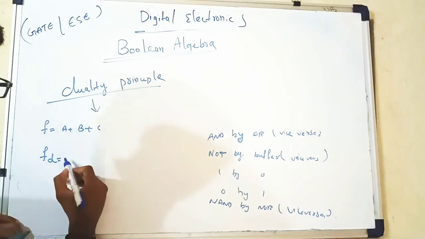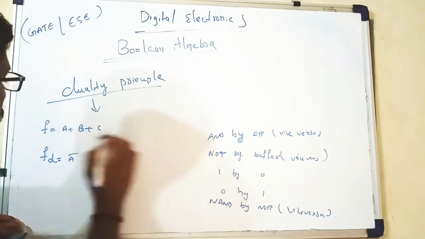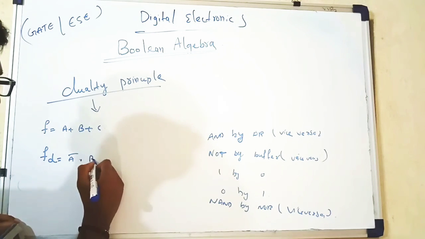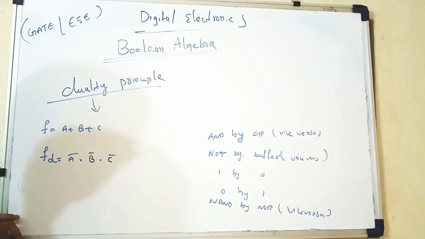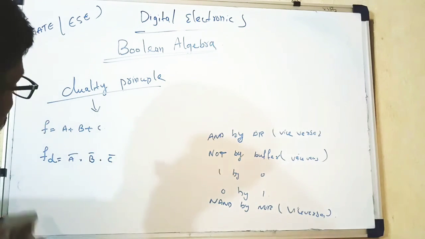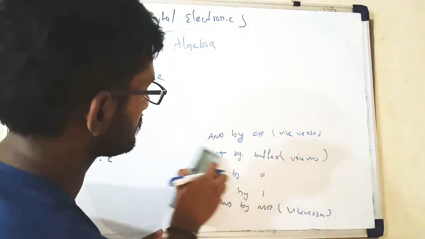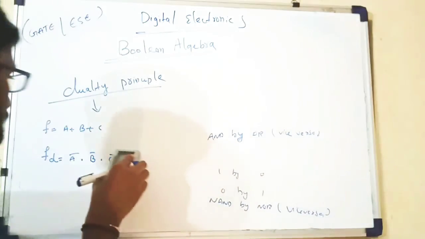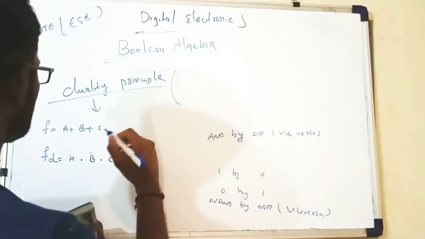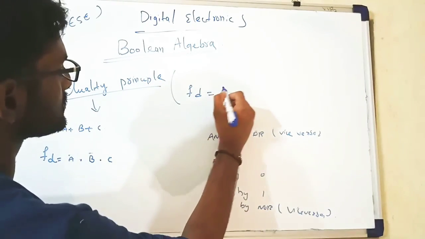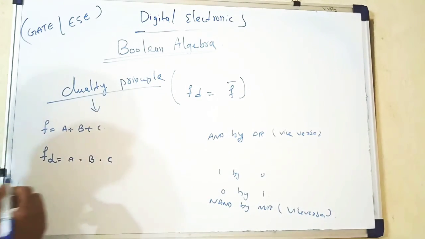Here this is a buffer, so it will be changed to NOT. Here plus is nothing but AND by OR, plus is changed to dot. B bar means B, and B bar into C bar. Here note, this is not required here. This we will use when we are converting this F dual to the complement. Here this is the dual.